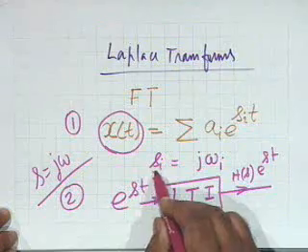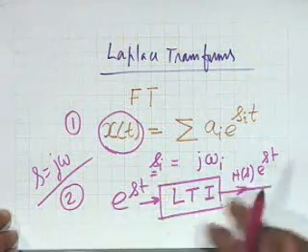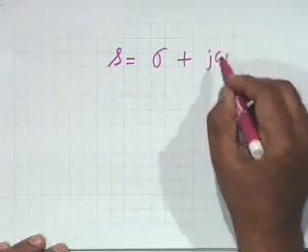Now, in Laplace transform, what we do is we generalize this concept and do not restrict s to purely imaginary. We make small s a general quantity which has a real part as well as an imaginary part.